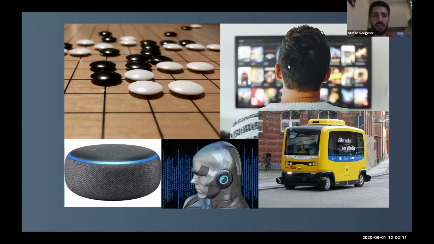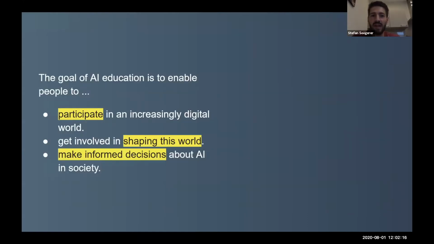With all of this, our goal of AI education is to enable people to participate in this increasingly digital world, so that they use AI technology consciously and see how it affects them personally. And that's not the only thing.